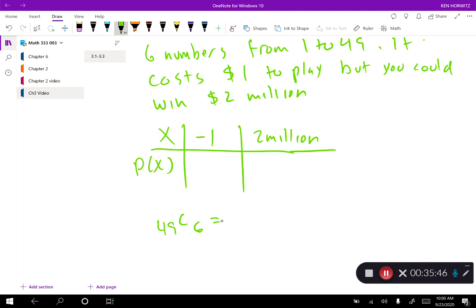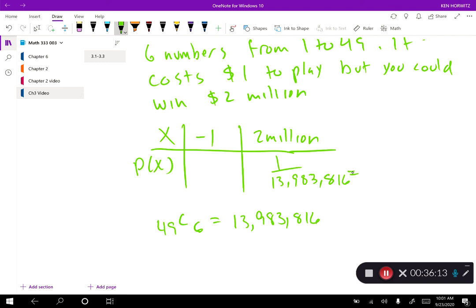All right, I did 49C6, and I got 13,983,816. So the probability of winning the lottery is 1 over 13,983,816.